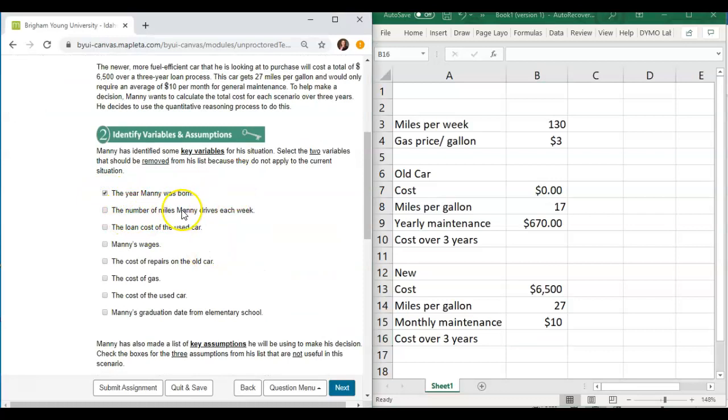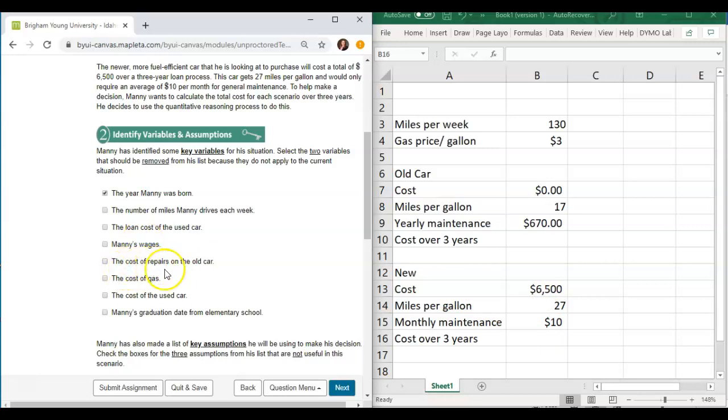The number of miles Manny drives each week. This is actually really important, and it helps us in our calculations later. The loan cost of the used car. No, that one is, again, a very good number we need to have for our calculations. Manny's wages. Now, while that's not over here, it is a good key variable because it will decide on whether he can afford his $6,500 car or not.